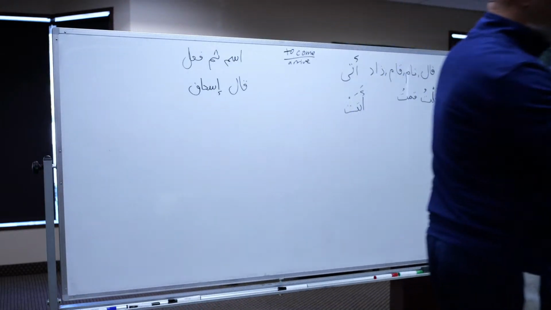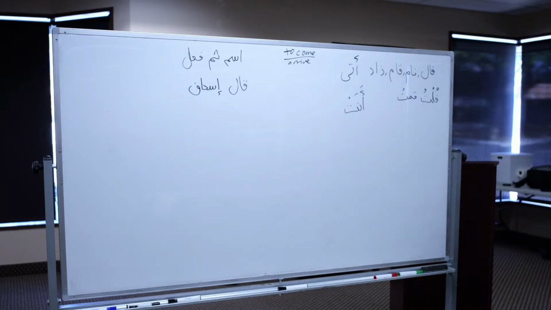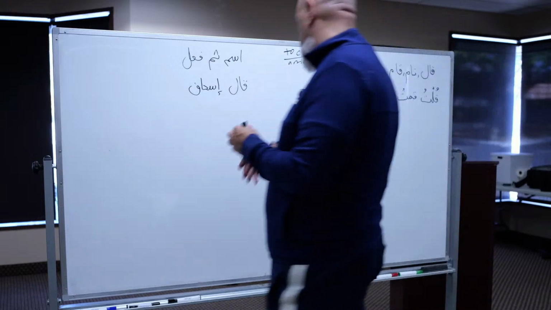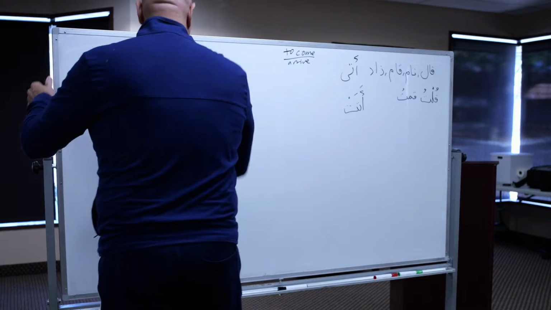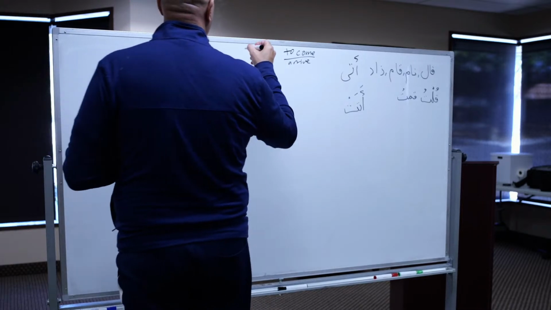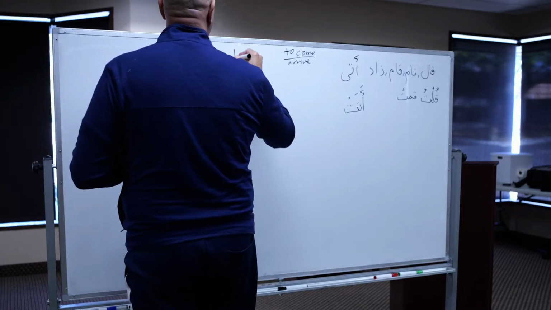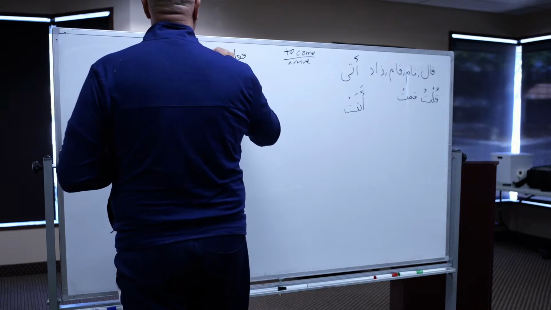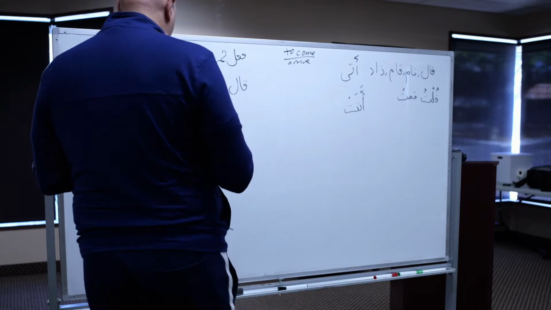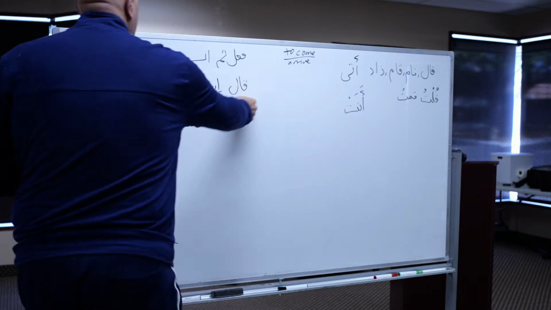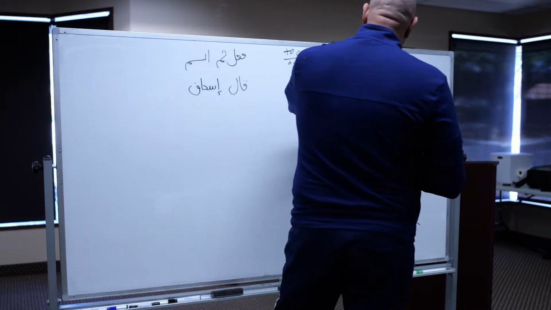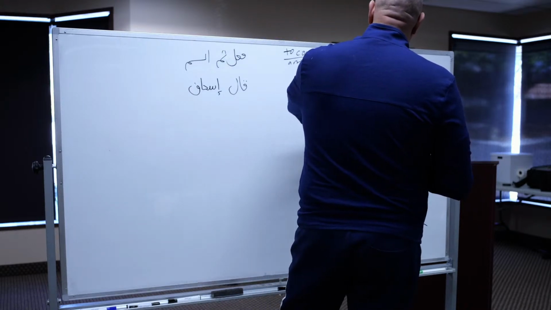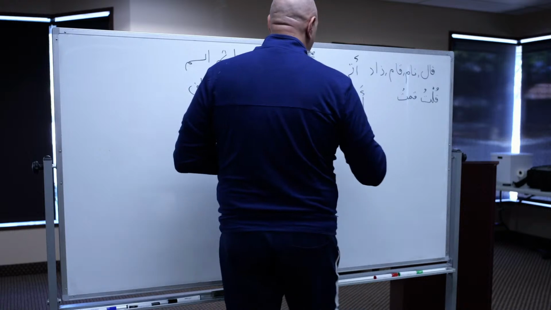Sorry, I got this mixed up. First, you have your verb, your fi'l, thumma, your ism. Qala Ishaq. Ishaq said something, something, something. But in this case, we have atat bihi.